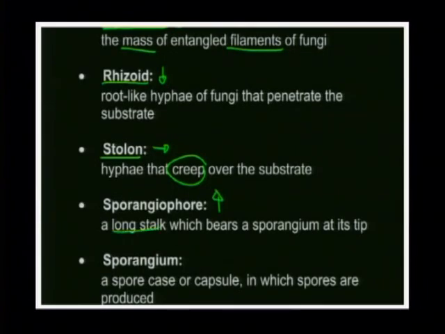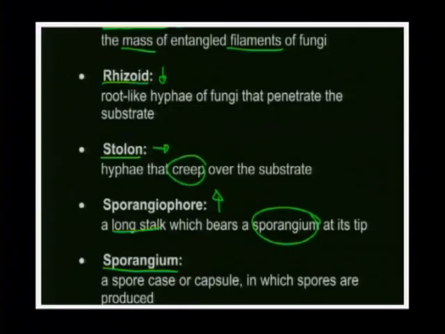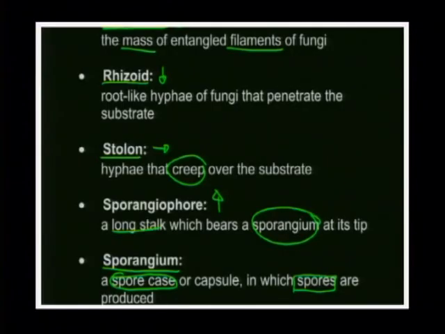It is a long stalk which will develop a sporangium. Sporangiophores are important because they're going to hold the sporangia right high up off the surface of the bread. I'll tell you what that's going to mean in one sec. A sporangium is a spore case or spore sac. Inside the spore sac are spores.